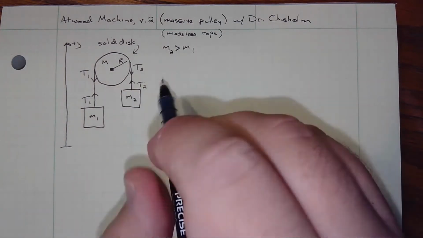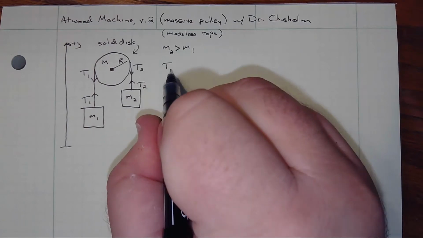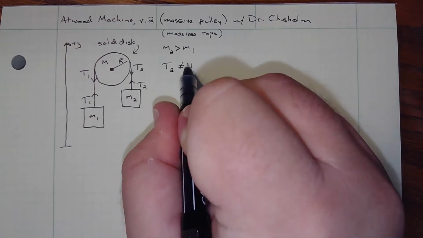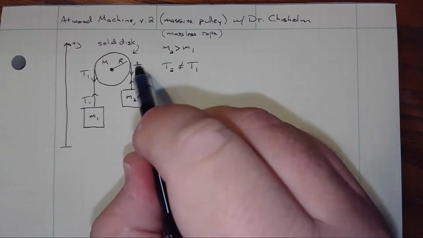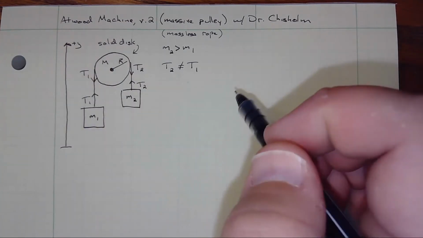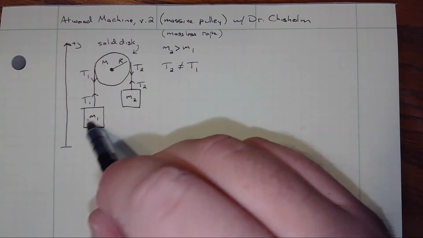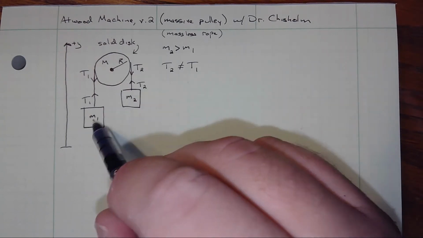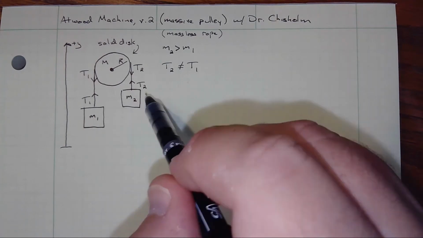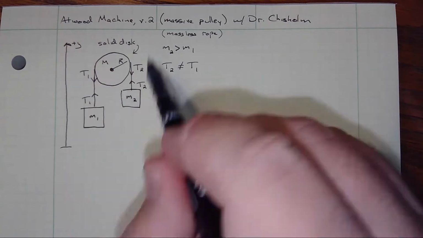And in order for this to have a net torque, it's going to be the case that T2 is not going to be equal to T1. In fact, if this accelerates this way, then tension T2 has to be greater than T1. So, in addition to having a force problem where we analyze the forces acting on these blocks like we saw in the previous video, we're also going to have a torque problem looking at the motion of this disc.